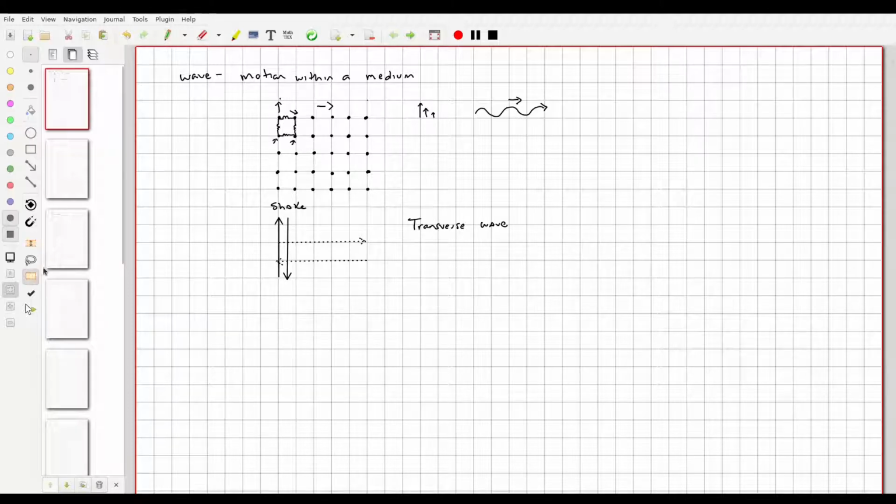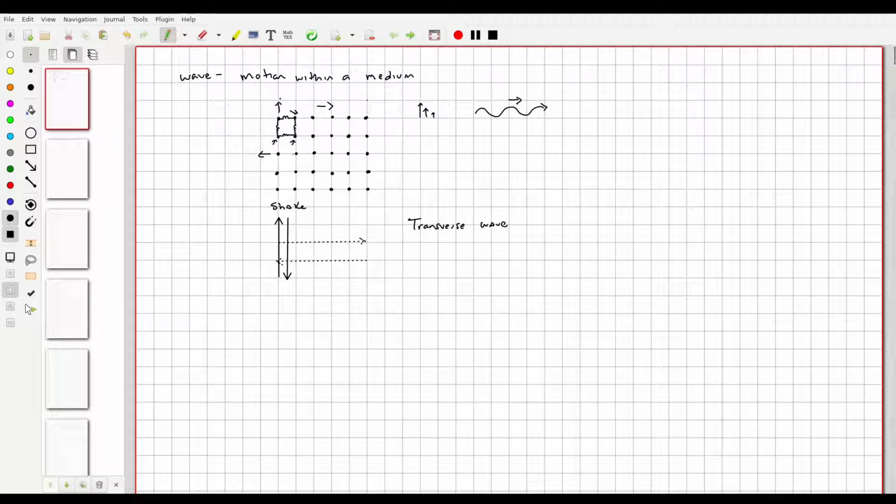Now, conversely, you could take your atoms or molecules here, and instead of shaking them up and down like this, you could shake them side to side like that. So as you pull them this way, what happens is your atoms and molecules, because again they're connected with forces that are a lot like springs, the sideways pull is slowly conveyed to its neighbors.